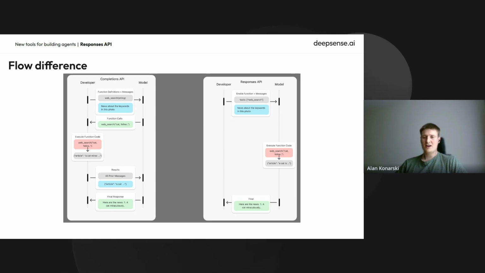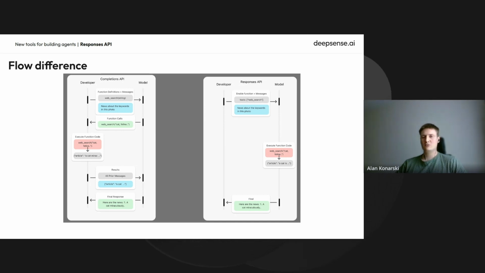With the new API, this can all be done within a single call. We only send an image with the prompt to the model, and it analyzes the image, searches the web, and prepares the final output for us in one single API call, which, as you can see, simplifies a lot, and from my experience it's also faster to get the same answer with the responses API.